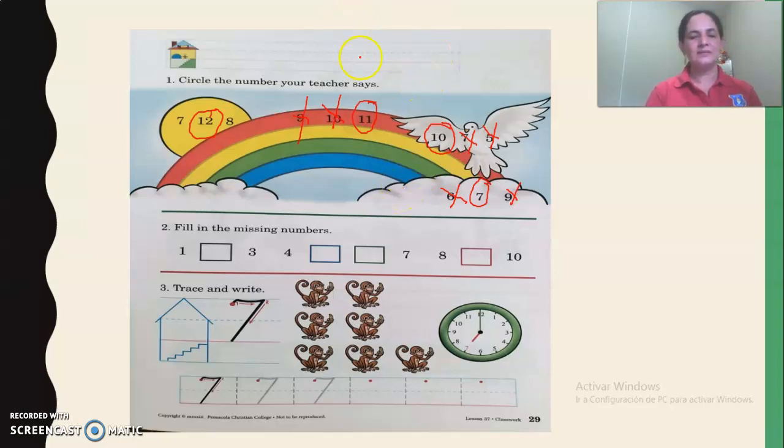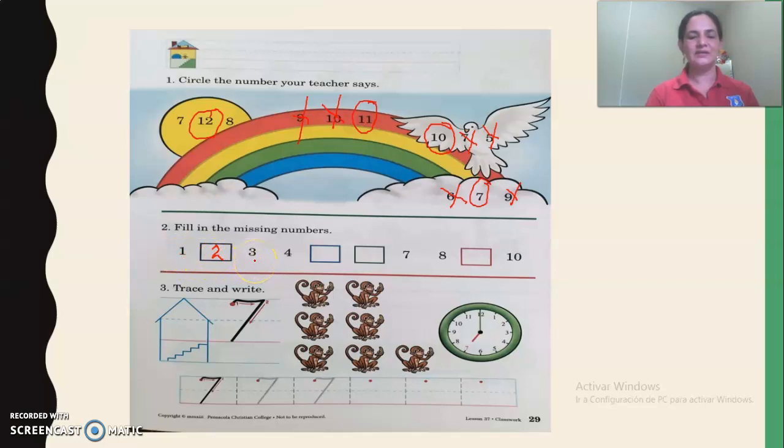Alright, now we are going to find what number is missing here. What number is between the number 1 and the number 3? Remember, we said 1. What number do you say? 2, yes. So it's 1, 2, 3.